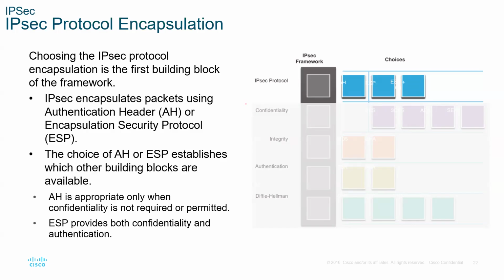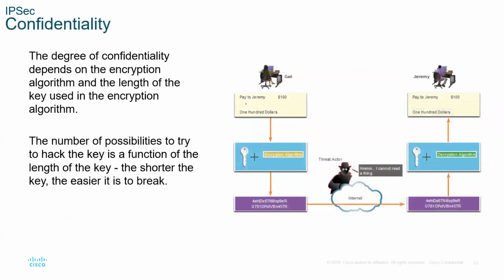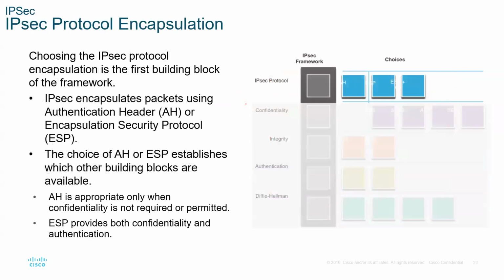Because it determines the security functions that are available for us in our SAs, our security association. So basically, we have two protocols, AH and ESP.